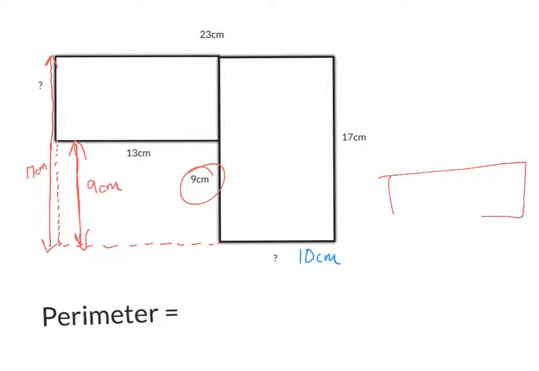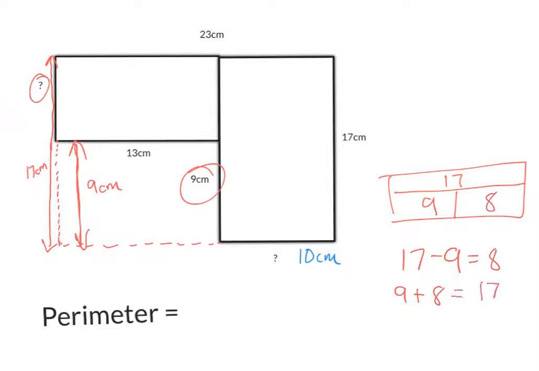So like we did before, 17, the top of my bar model, and then a 9. And whatever I add to 9 to make 17 is going to be my answer for this missing number. So 17 take away 9 equals 8. So I'll put 8 in here. And then just to check, 9 add 8 definitely equals 17.